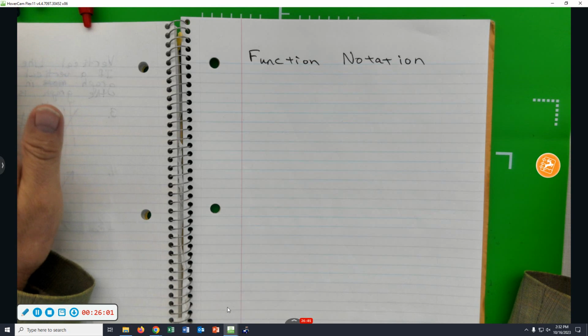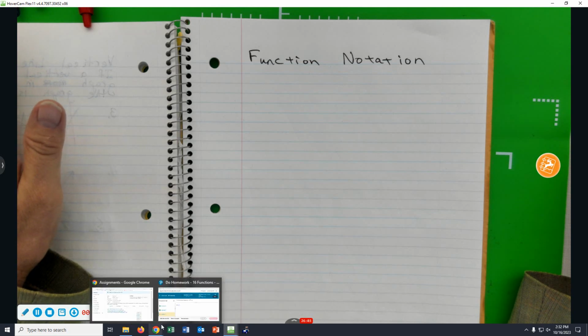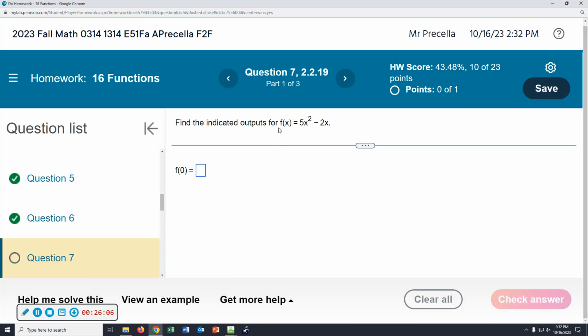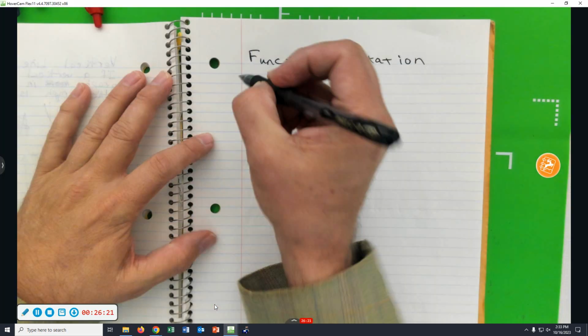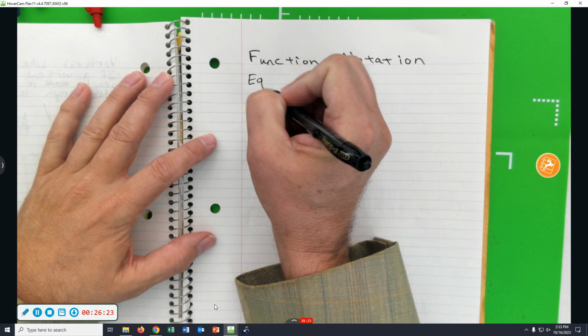You wouldn't use function notation to write something like a circle because a circle isn't a function. To use function notation, the equation must be solved for y.